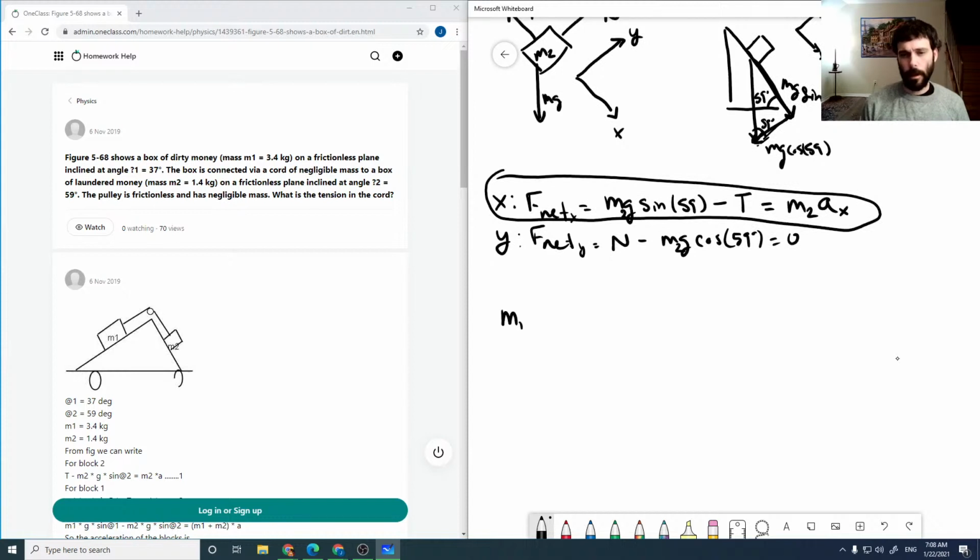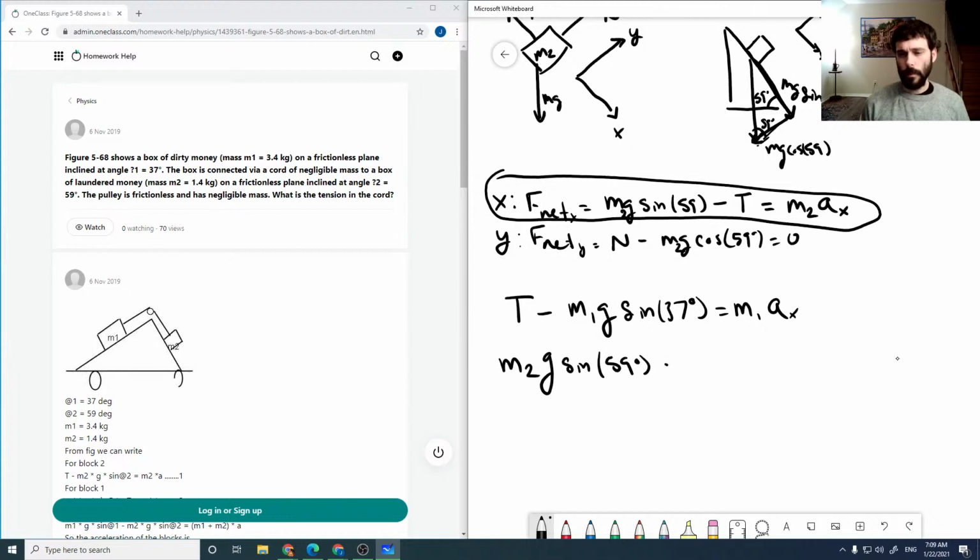So we've got T minus m1g sine 37 is equal to m1ax, and we've got m2g sine 59 minus T is equal to m2ax.